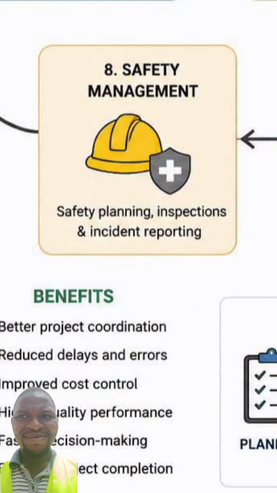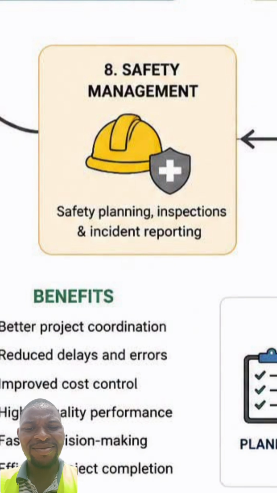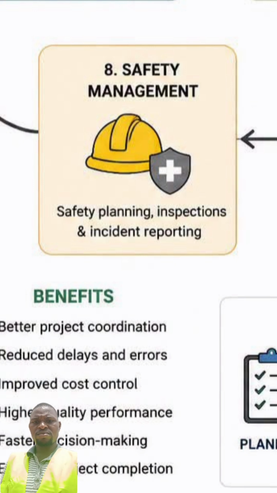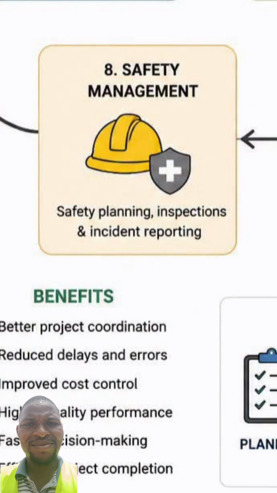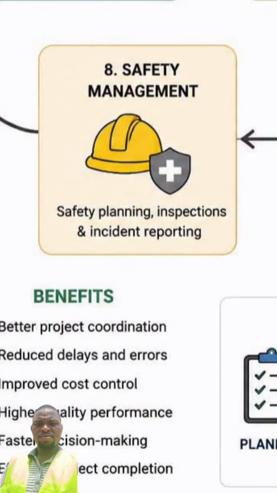Then you also do incident reporting, because most sites when you go there, they tell you they have zero records of incidents. But on the other hand, if you check the reality, it's not true. So that is why inspection is very important. Then let them be reporting cases of incidents, so that you can do proper reporting.